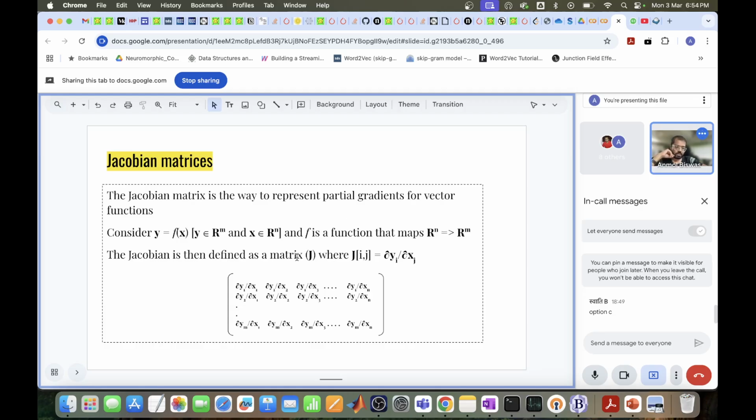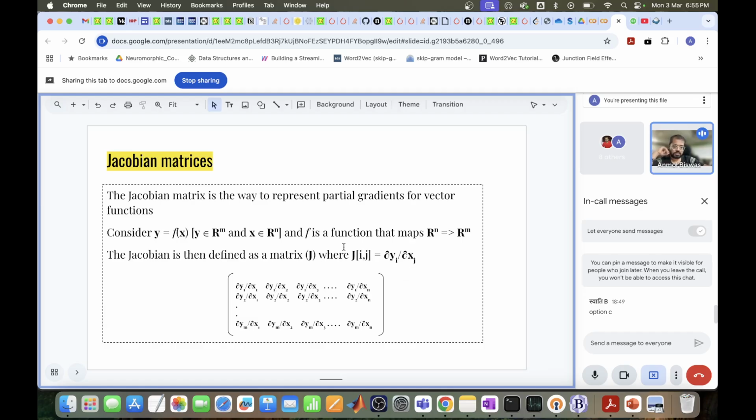So if f is a function that maps from the n-dimensional space to the m-dimensional space, then how do you talk about the partial derivative of the function f? We now talk about what is called a Jacobian matrix, right?